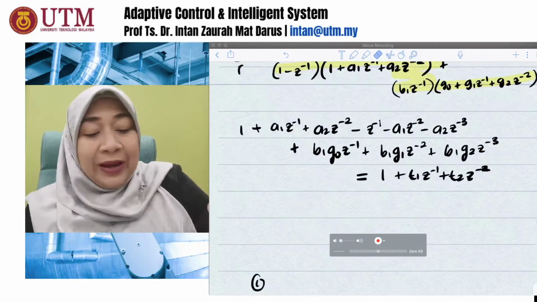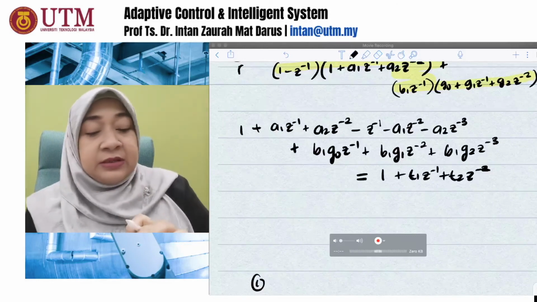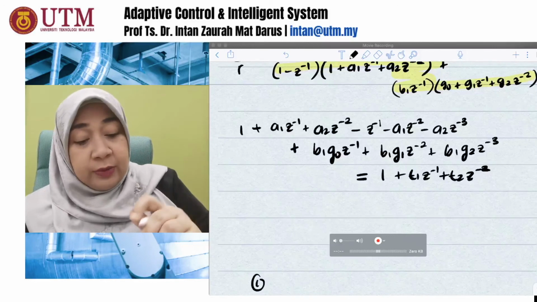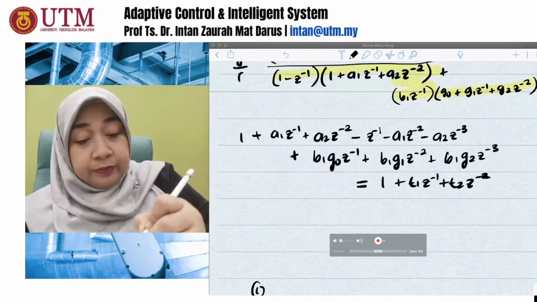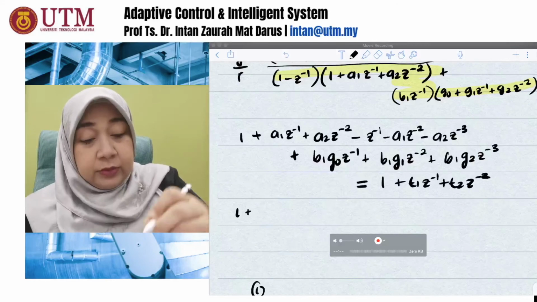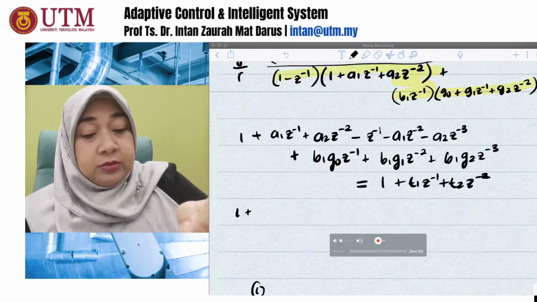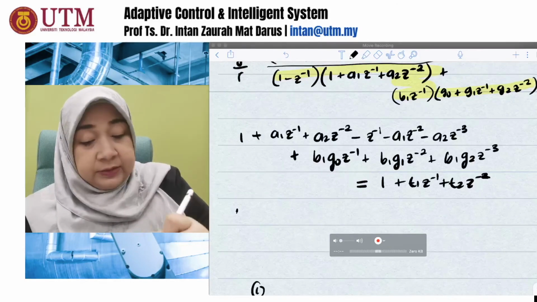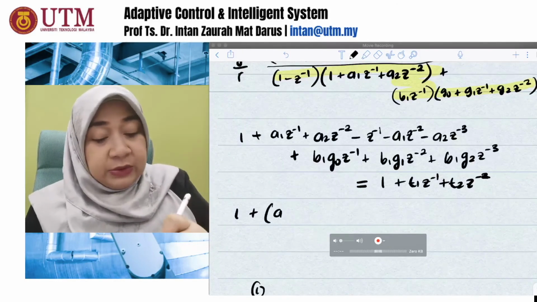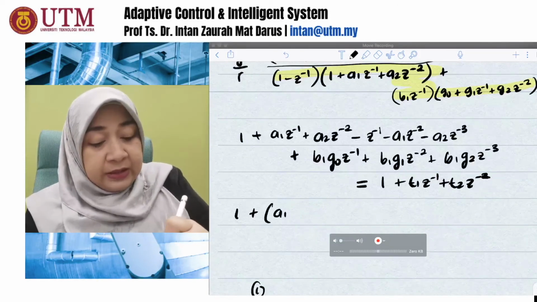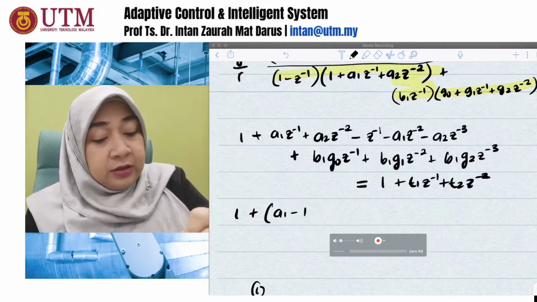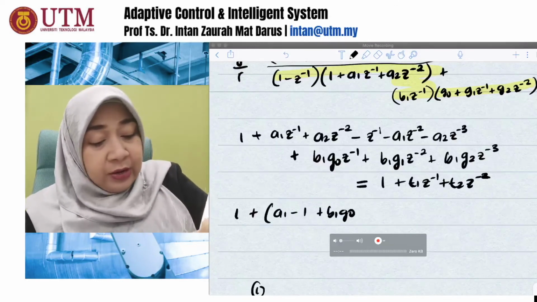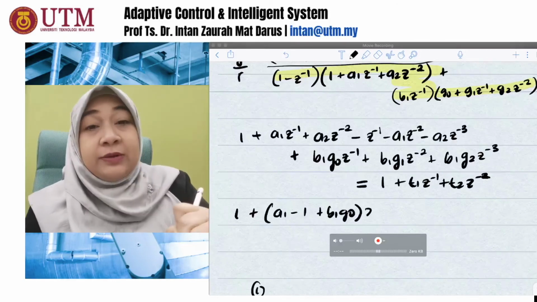So if we equate this, I can further summarize the left-hand side equation by collecting all the z^-1 together. So I'm going to have 1 plus, for z^-1, I'll have a1 minus 1 plus b1 g0. Okay, that whole lot is z^-1.